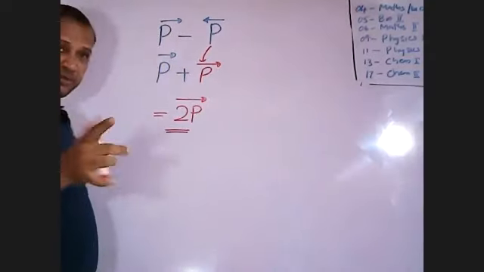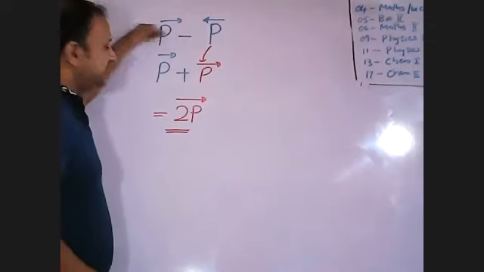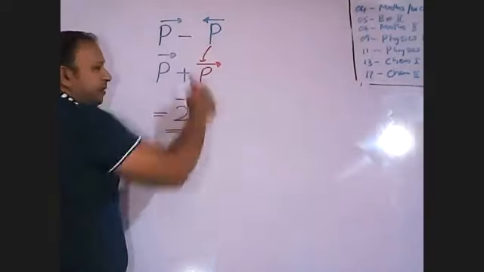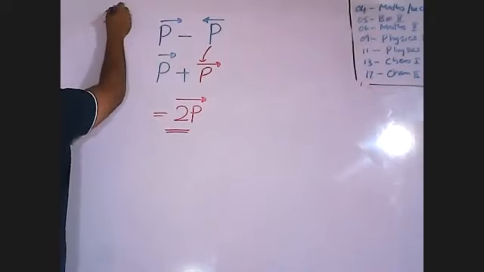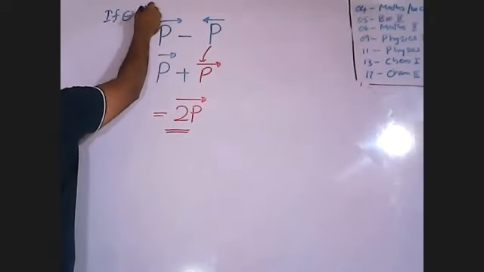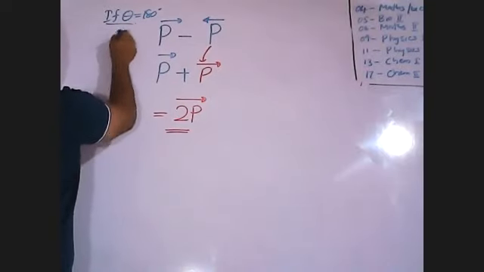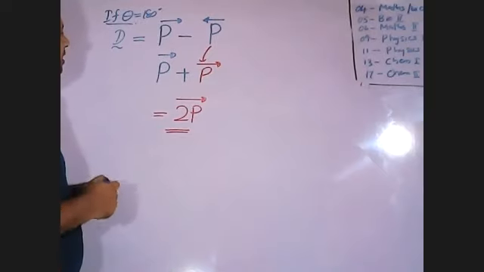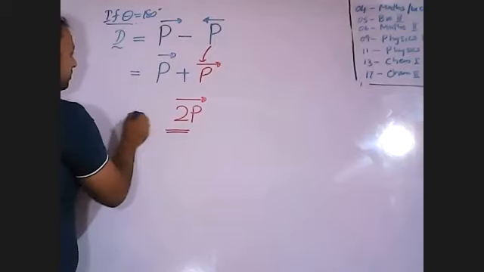Now we have to subtract that kind of vectors. Suppose the first vector is in this way, the second vector should be in the other way because the angle is 180. If theta is 180, the difference can be written as this one.